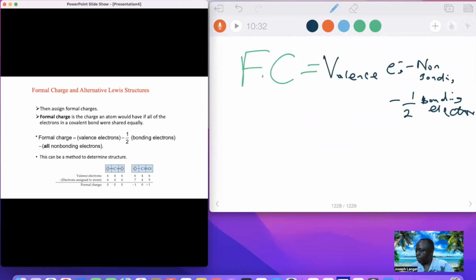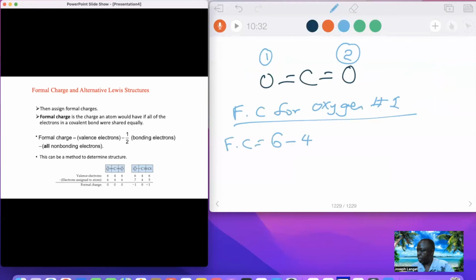I'm using my equation here: non-bonding electrons.